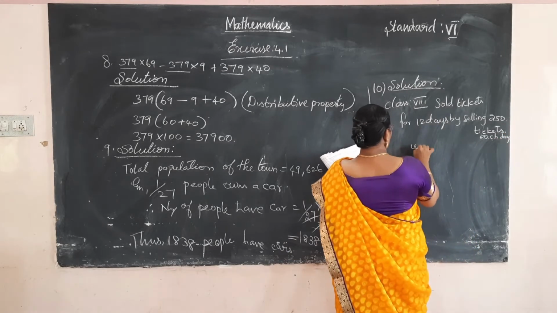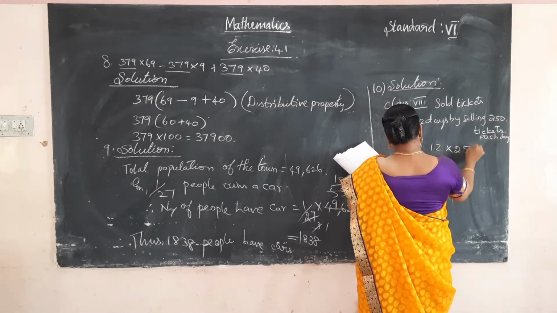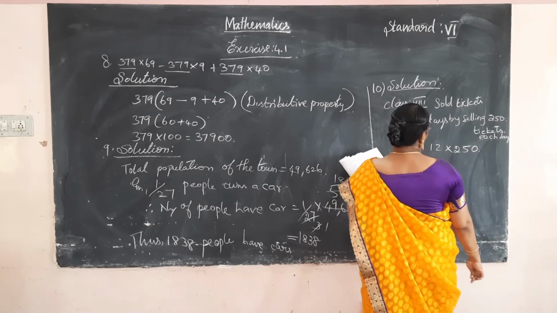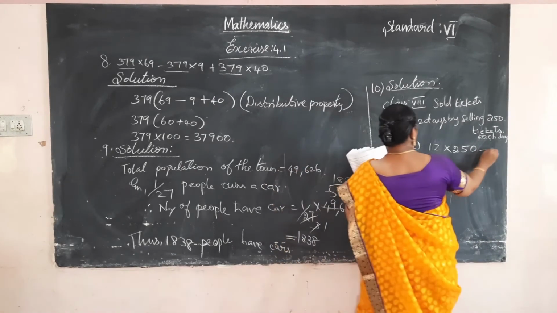So that is 12 into 250, which we consider as equation 1.